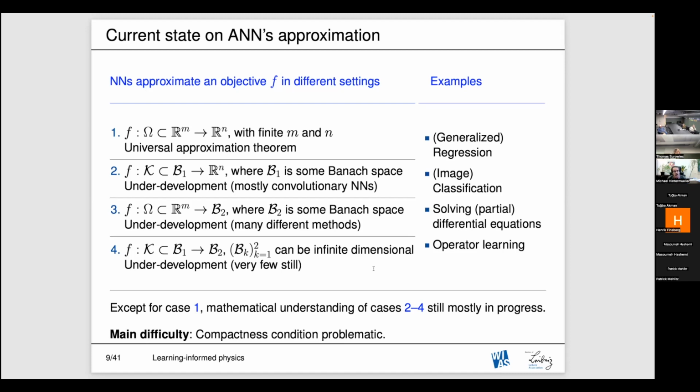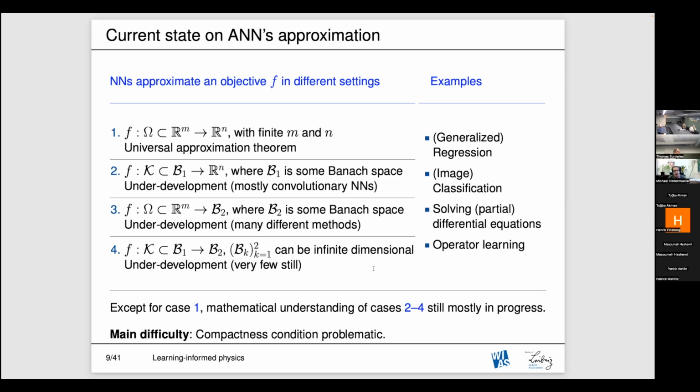Cases 2 and 3 have infinite dimensional domain or range spaces. The first example, going from some subset of a Banach space B1, which might be infinite dimensional, into finite dimensions, is work under development, but somewhat reasonably well understood. Mostly we see convolutional neural networks in this kind of setting, and a specific application falling into this class would be image classification. What is also more important these days is using finite elements as a discretization for solving PDEs.